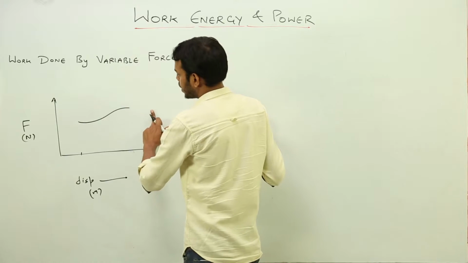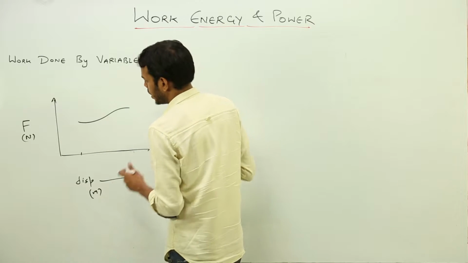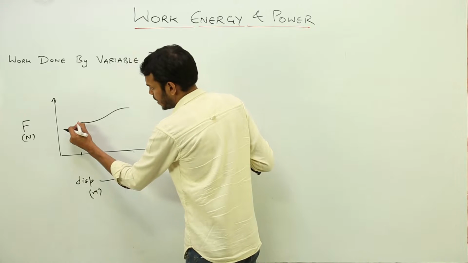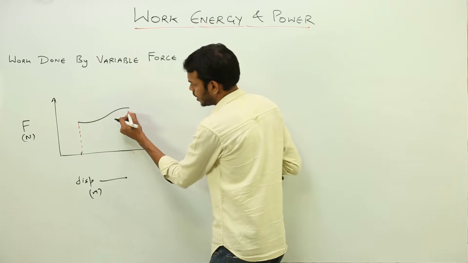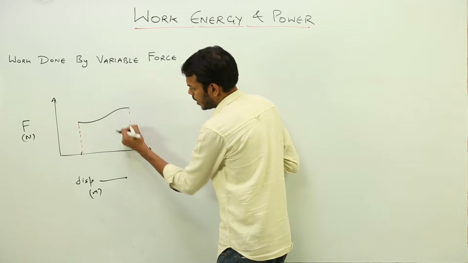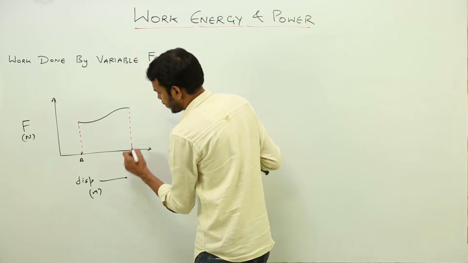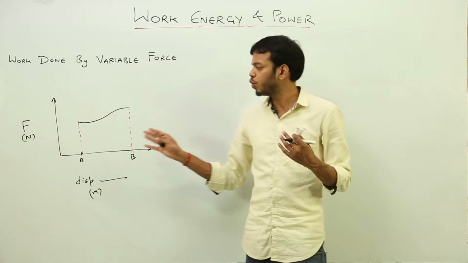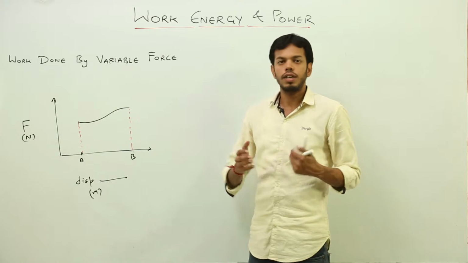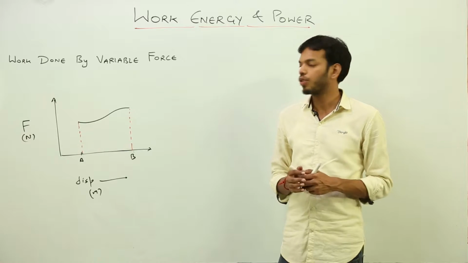So in this case we have to find the value of work done for displacement from this point to this point, that is point A and point B. For this, how do we do it? What is our general method to calculate the value of work done?